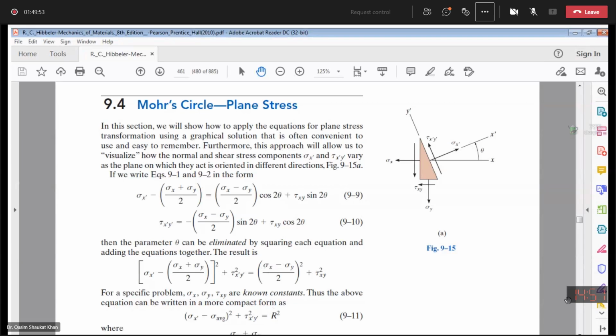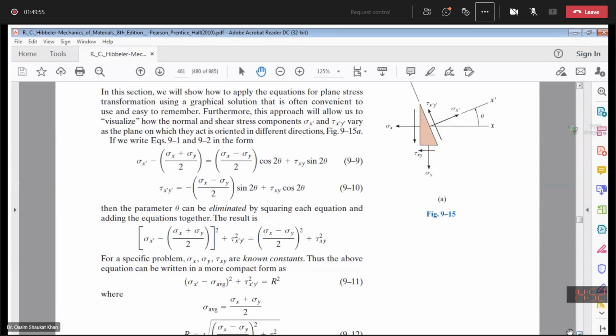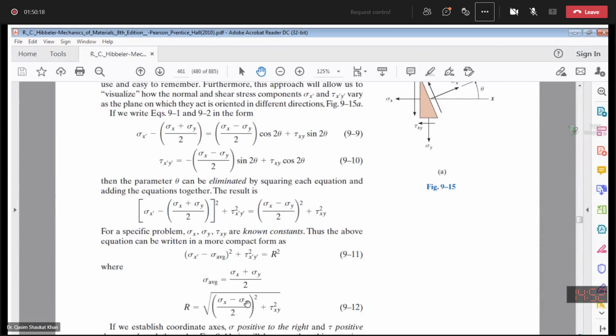Okay? So this is the basic working principle, the equation on which your Mohr circle is dependent. Sigma x dash minus sigma average square plus tau x dash y dash square is equal to r square. You can see sigma average is sigma x plus sigma y over 2, and R is under root sigma x minus sigma y over 2 square plus tau xy square.